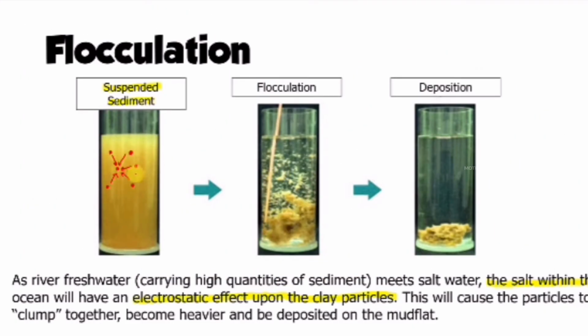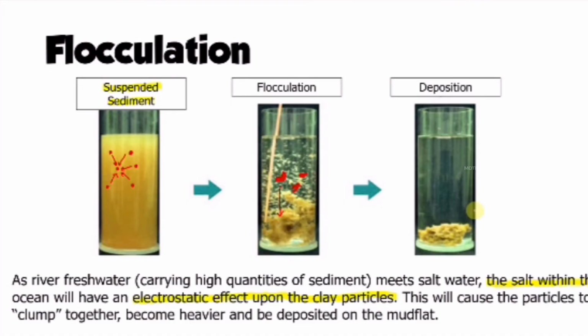Now, as those particles join together, they get a bit bigger, so now we have a big particle like this, and another big particle like this. We call this a flock, hence the name flocculation. As a result of being larger, those particles are also heavier, and now they're able to sink, and as we can see here, being deposited on the seabed.